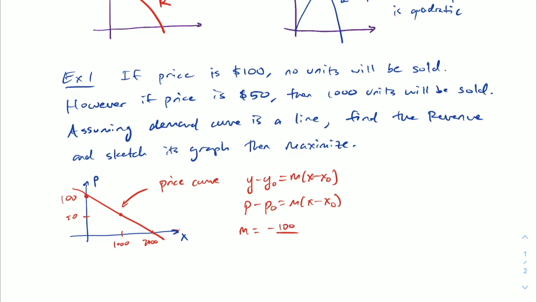If we look at these 2 points right here on the x-axis and y-axis, so negative 100 over 2,000 is negative 1 over 20. And then a point on this line, we can use either the 2,000 comma 0 or the 0 comma 100. That's going to be our point.